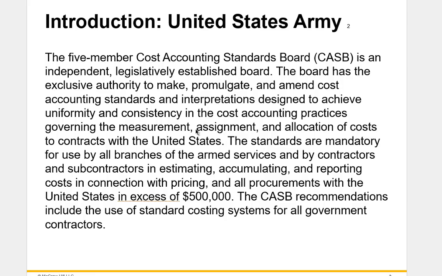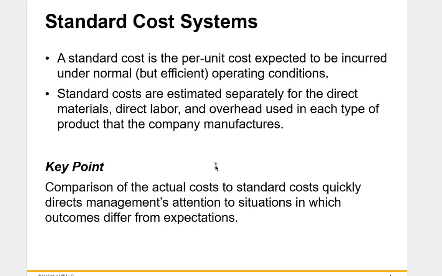They establish standards, and these standards help with the estimation, accumulation, and reporting of costs in connection with prices for all procurements to the U.S. military and other contractors in excess of $500,000. So they've got to follow these rules associated with cost accounting.